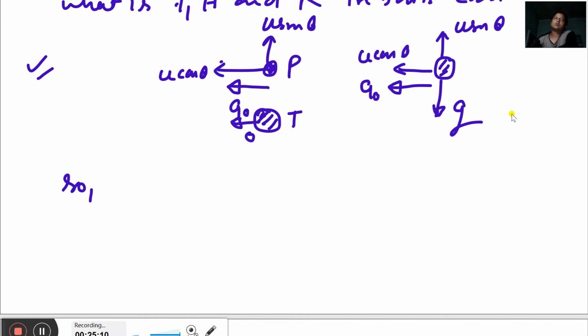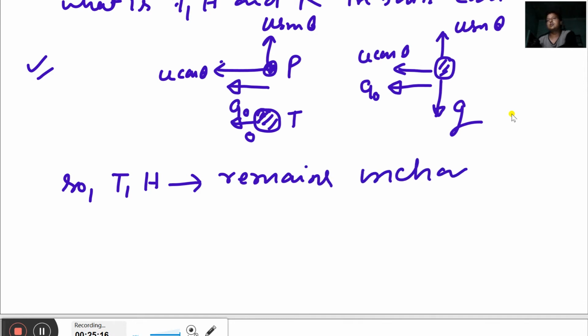So time of flight and greatest height remain unchanged here also. And what will be the range?